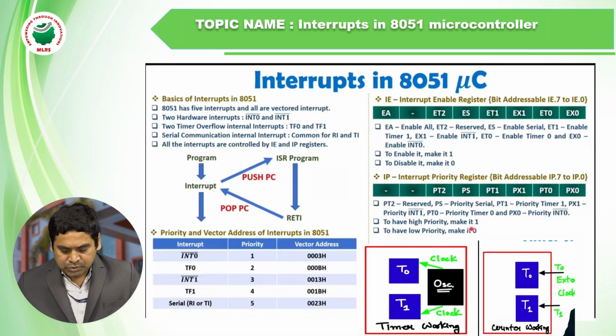For example, take 0003H, the vector address of priority 1, interrupt 0. In this 16-bit address, the first 0 is 0000 in binary, the second 0 is 0000, the third is 0000, and the fourth digit 3 in hexadecimal is 0011.